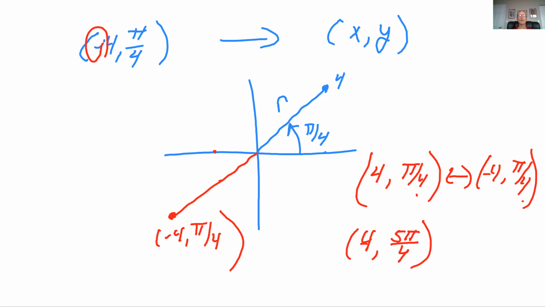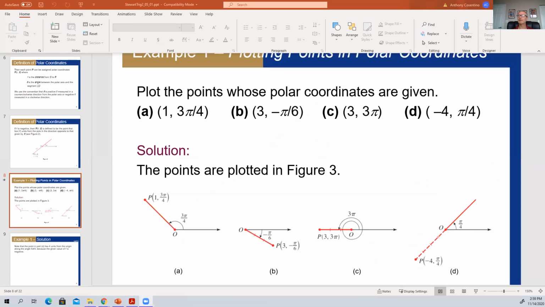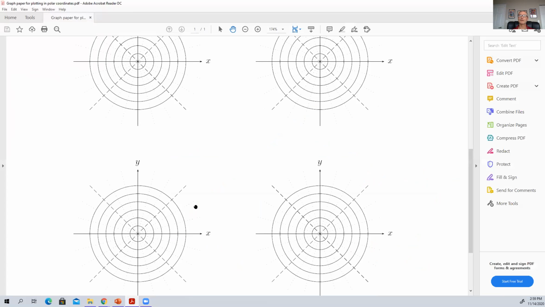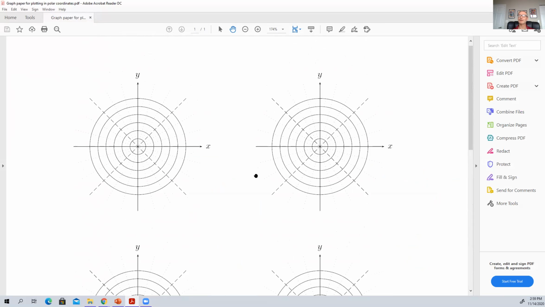And so one of the things that I did do is, in our Brightspace site, I uploaded what's called polar graph paper. And you could see how it's oriented. Here they give you the X and Y, but that's not what we're dealing with, right? So for these concentric circles, this would be r equals 1. The next circle would be r equals 2. The next circle would be r equals 3.